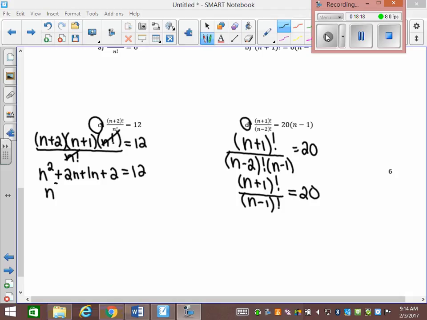N squared plus 3n. Subtract the 12 over so you get negative 10. When you factor it, what times what gets me negative 10 and what plus what gets me 3? It's n plus 5 and n minus 2. So n equals negative 5 and n equals 2.